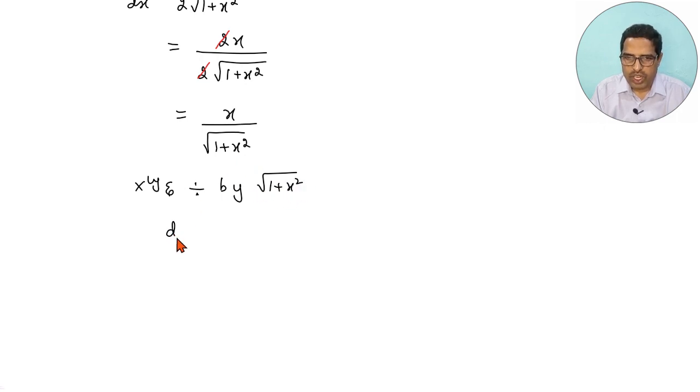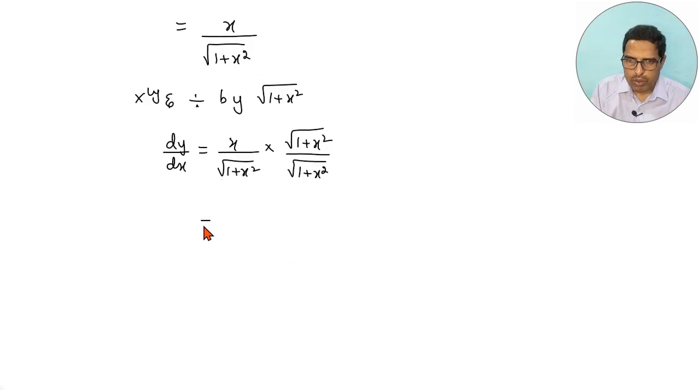So we get dy by dx equals x by root of 1 plus x square as it is, multiplied by root of 1 plus x square divided by root of 1 plus x square.